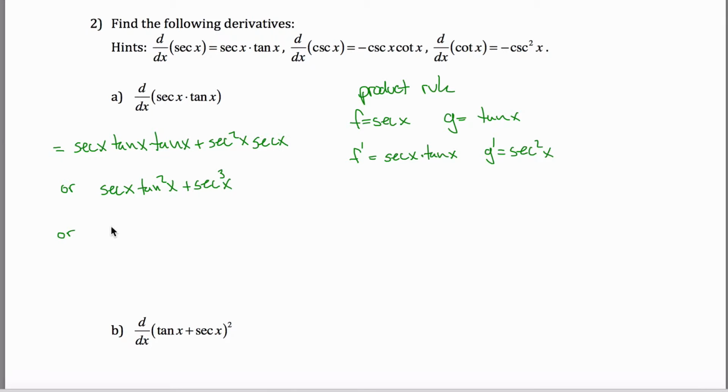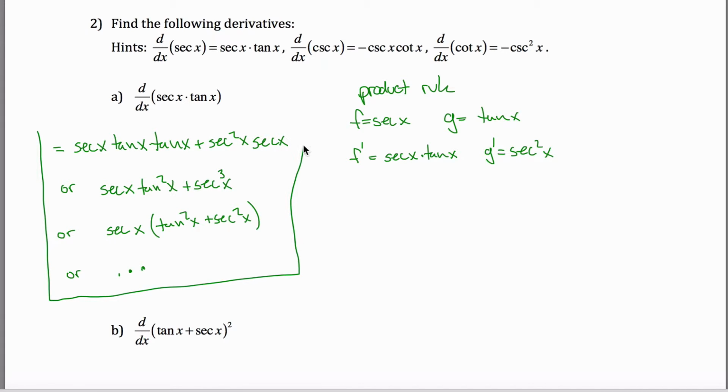Or if you want to factor out a secant, I suppose you could. Secant of x times tangent squared x, plus secant squared x. Or however else you decide to write this. But really, any of these answers are totally fine by me. So I'll make a big old box and put them all in there.